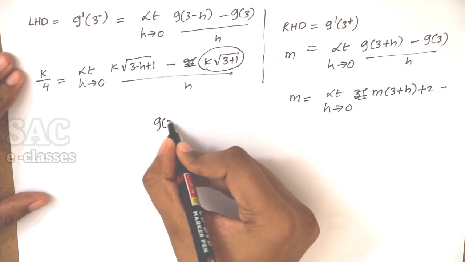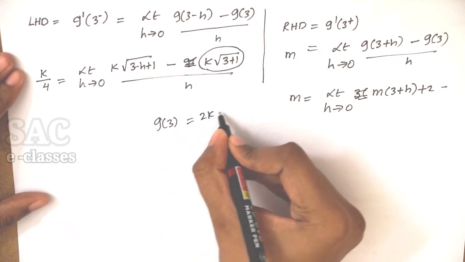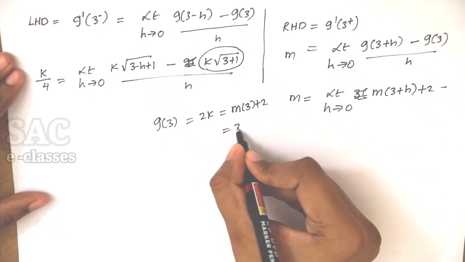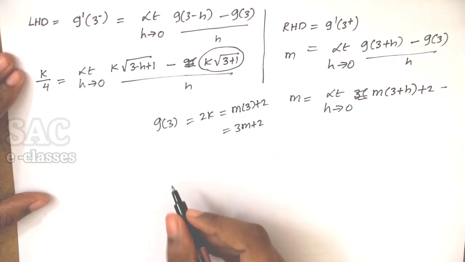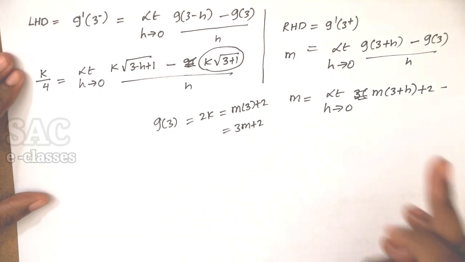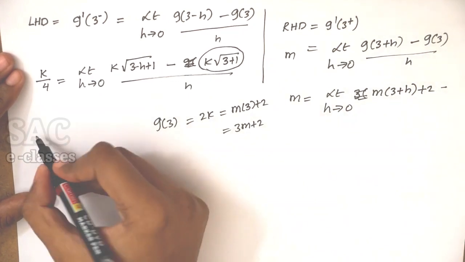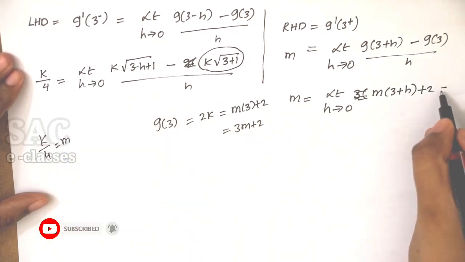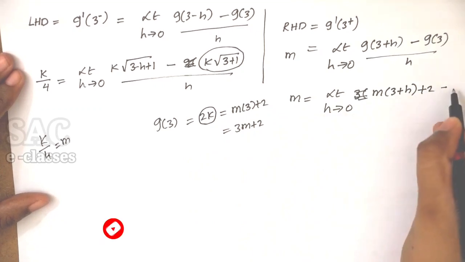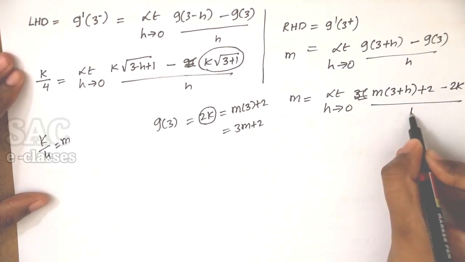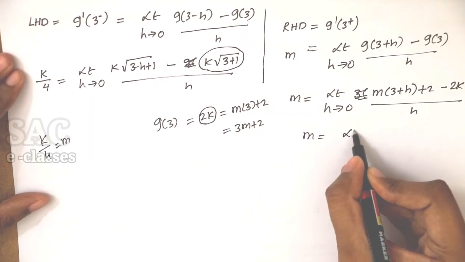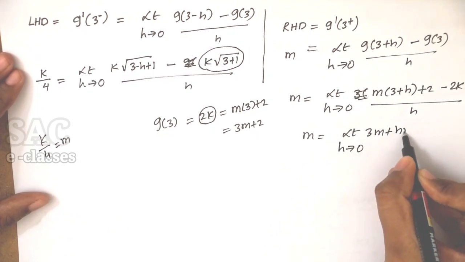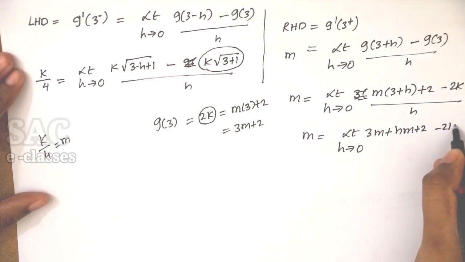You can write g of 3 either as 2k or as m into 3 plus 2, that is 3m plus 2. I want a relationship between m and k, because we got k by 4 is equal to m. To get that, I am taking g of 3 as 2k. Then m equals limit h tends to 0 of 3m plus hm plus 2 minus 2k, by h.